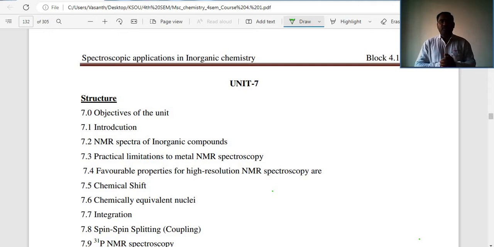In this module, I am going to discuss nuclear magnetic resonance spectroscopy. This nuclear magnetic resonance spectroscopy is one of the very important tools to characterize newly synthesized compounds.